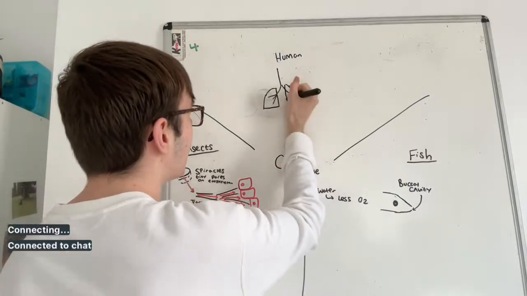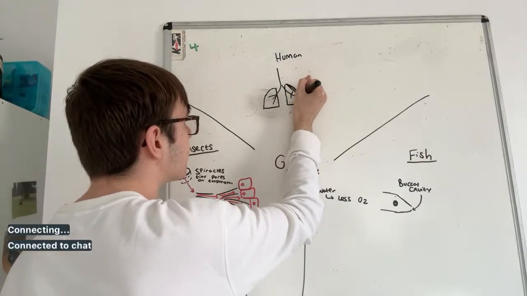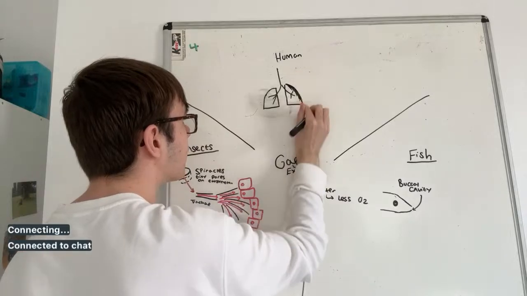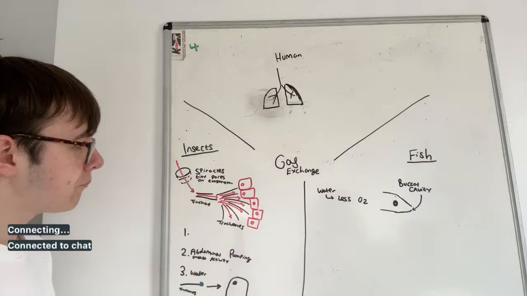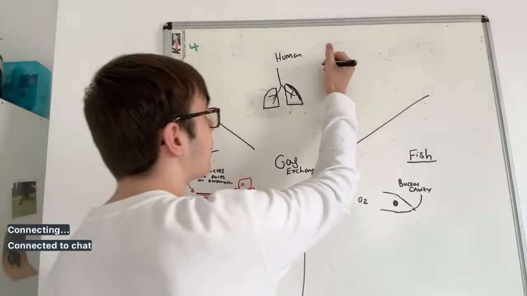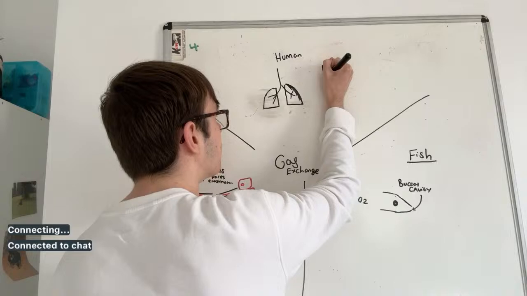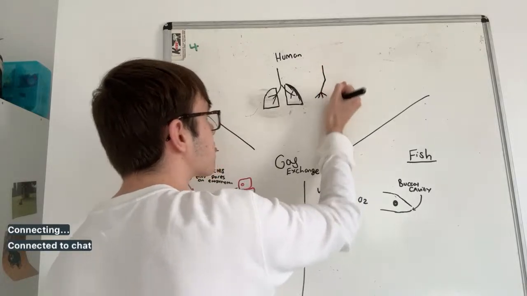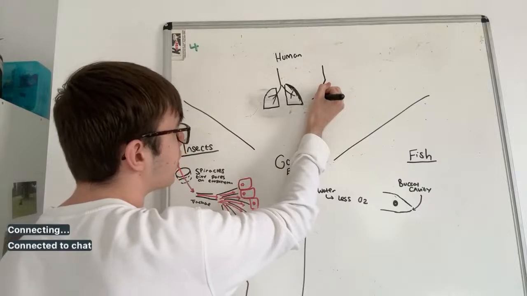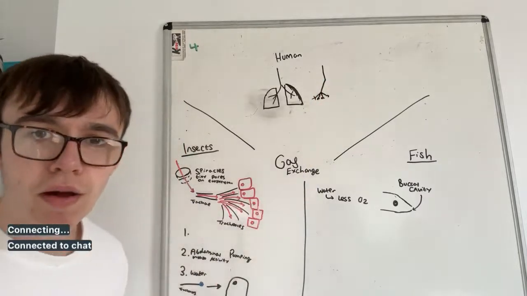I'm not an artist, guys. Look, there you go. Those are the lungs. So what you have is your trachea, your bronchus, and then your bronchioles, which branch off into alveoli. I hope that makes sense.